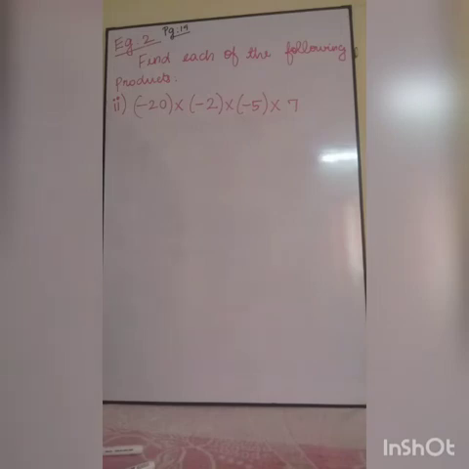See this. How many integers are there here? 1, 2, 3, 4. So we have 4 integers. I told you if there are 3 integers, you use the associative property, combine 2, and with that answer combine the third one.